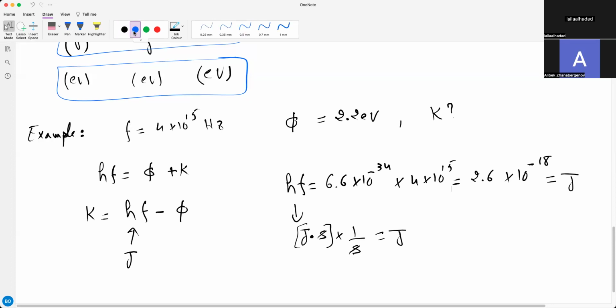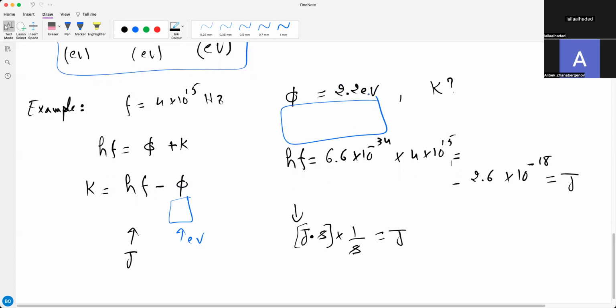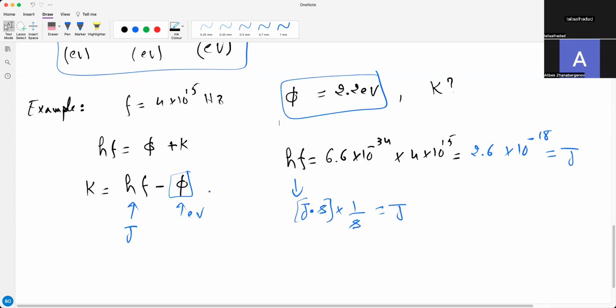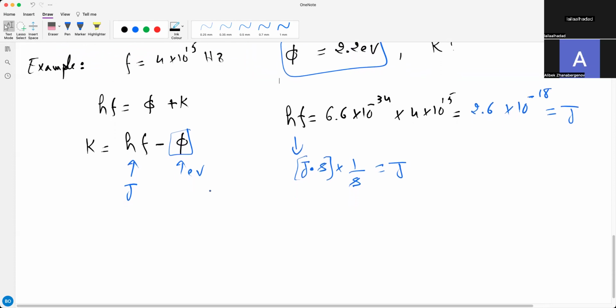But the work function here is given in electron volt. Here you have two choices. Either you convert everything to joule, or you convert everything to electron volt. Now let's assume that I ask you to calculate the kinetic energy in electron volt.